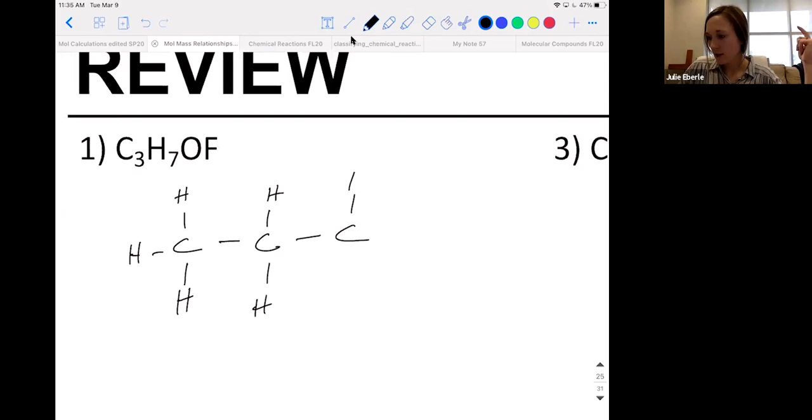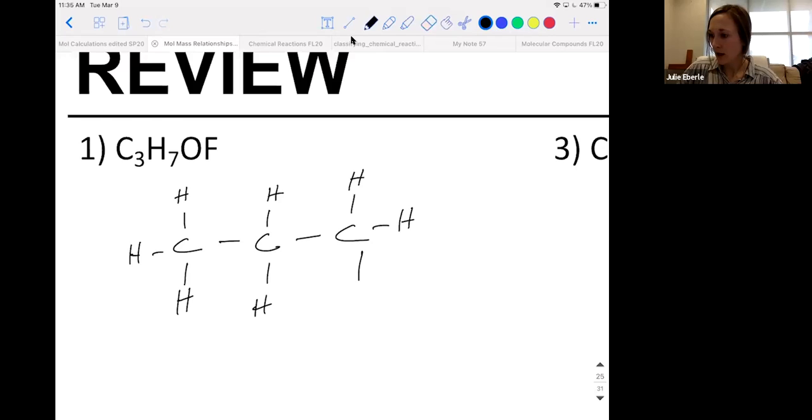That's 4, 5, 6, 7 hydrogens, and we've got a space on this last carbon for the oxygen. I cannot put fluorine here because then I'm at a dead end. Now I don't have a spot for an oxygen bond because hydrogen and halogens cannot have more than 1 bond. So we can't do that.